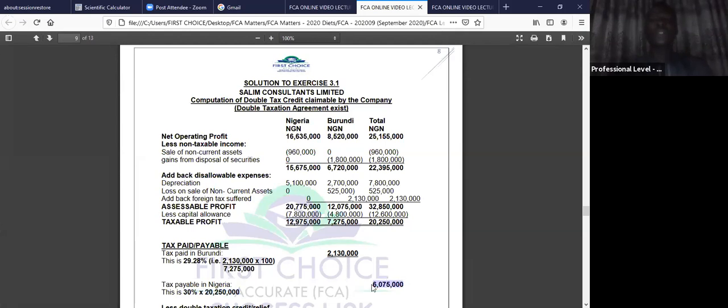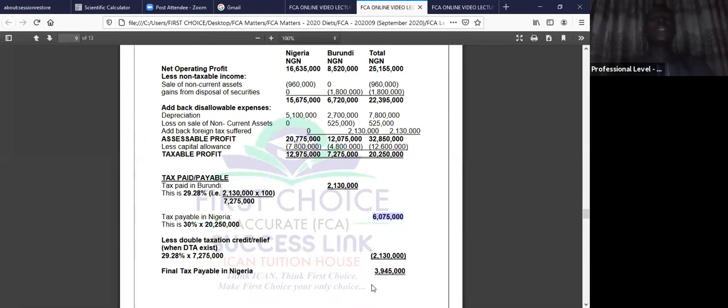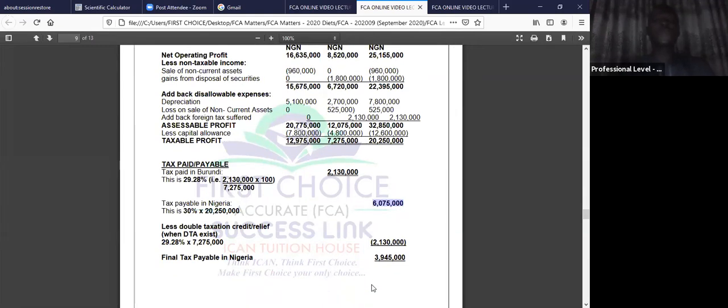So what happened? The double taxation relief will be you compare this percentage with this percentage, whichever is smaller. Look, you're not comparing this amount and this amount. No, it's the percentage you are comparing. Because if you were to compare this amount, then why did we do all of this?